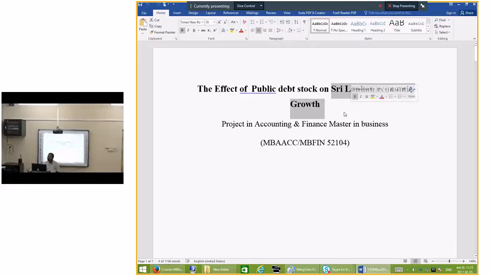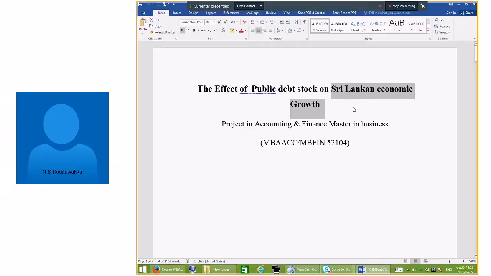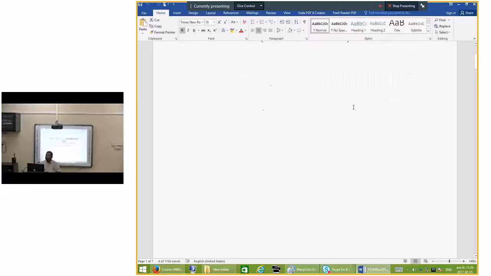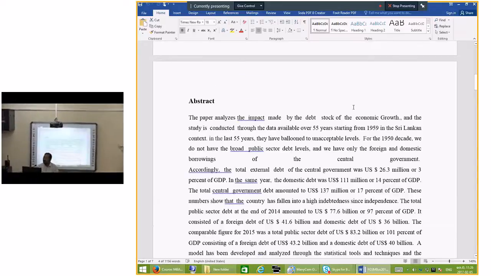It is very easy, no? How does public debt stock affect macroeconomic factors, or something like that. You may say Sri Lankan economic growth, but later on you take some more. But if you use one word for all dependent variables, then it is easy.